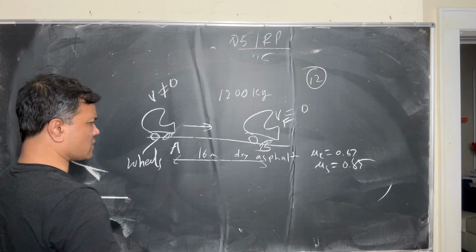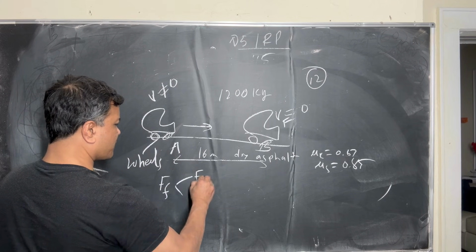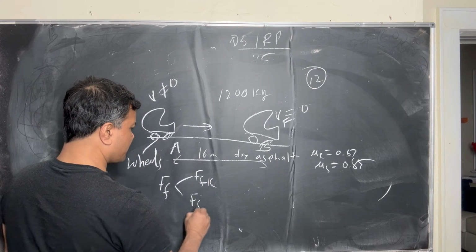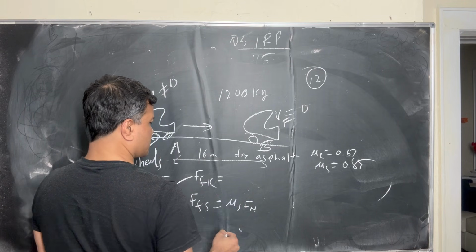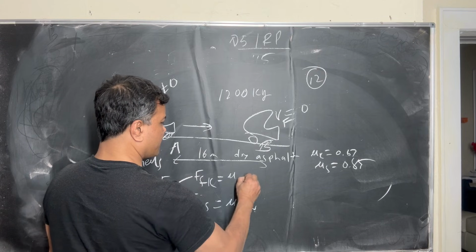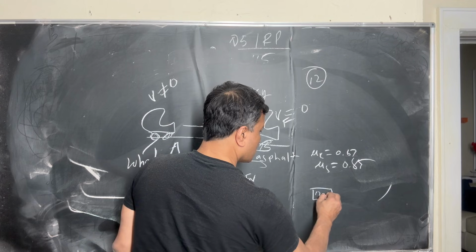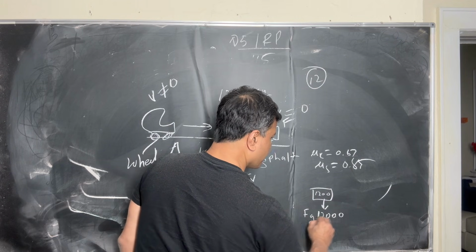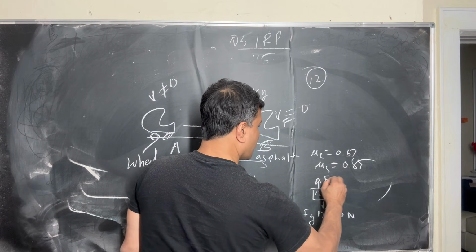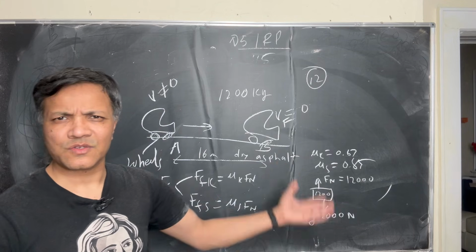We want to find out the friction that is causing this halt. So Ff is equal to Fk or Fs, right? So this is mu s Fn, and this is, I don't know, mu k Fn. So this is the car, right? 1200 kilogram, so this is 12,000. This is Fg. This is Fn, also 12,000, right? Equal in magnitude, opposite in direction.